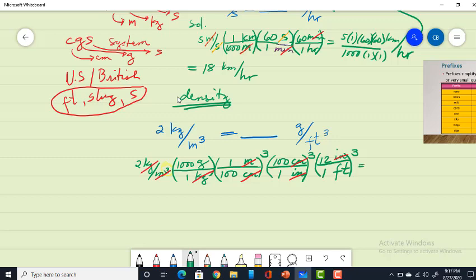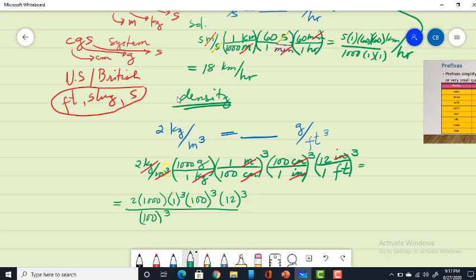So therefore this is equal to 2 times 1000 times 1 times 100 cube times 12 over 100.